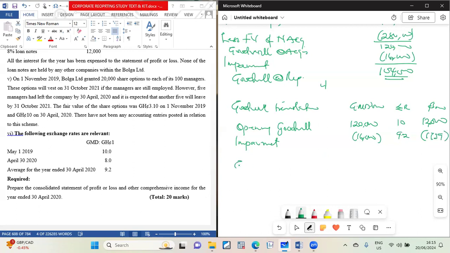Then we have goodwill at end. The goodwill at end is 104,000. We convert that using closing rate, which is 8. So 104,000 at 8 gives me 13,000. So there will be a difference.